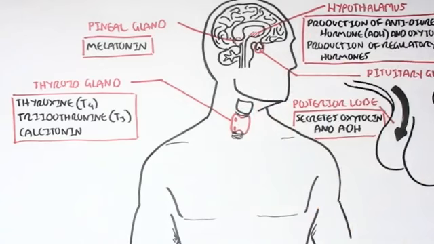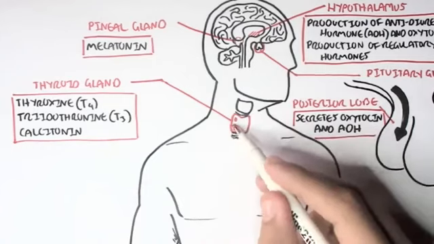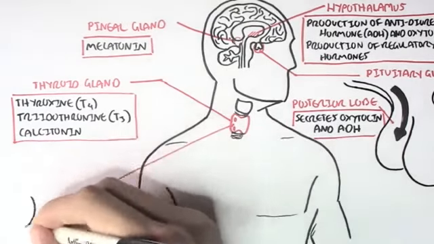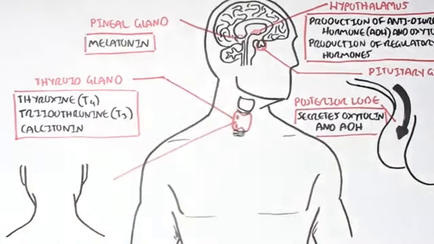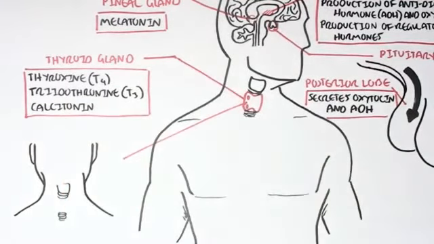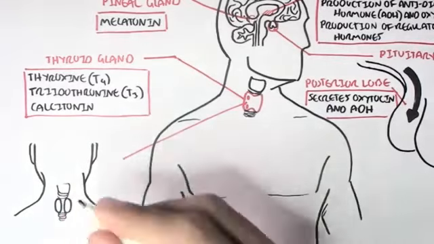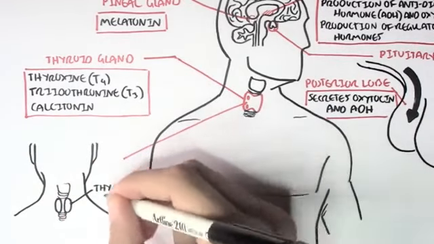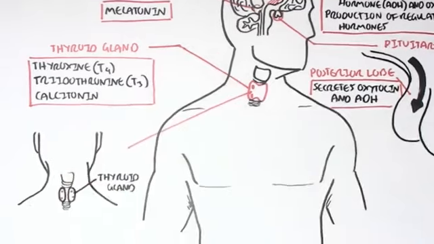Now, the thyroid gland also has other endocrine glands on it. So if we zoom into this area here, we're looking at this person from a posterior point of view, from the back. So we have the thyroid gland, and then we have these four sort of lobes on the thyroid gland.